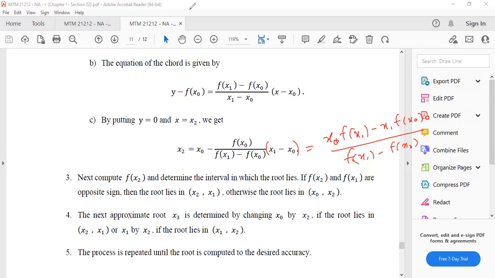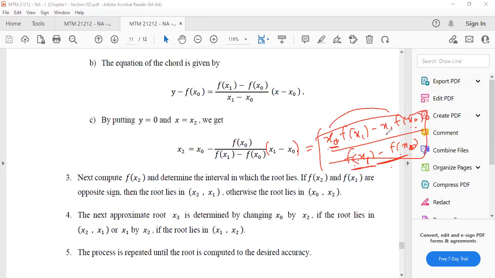See how nicely we can remember this one. First of all, see f(x1) minus f(x0). Same here, f(x1), f(x0). The only thing is you have to multiply the different way. You keep in mind the reminder f(x1) minus f(x0), that is the lower part. If it is f(x1), you have to multiply by x0.